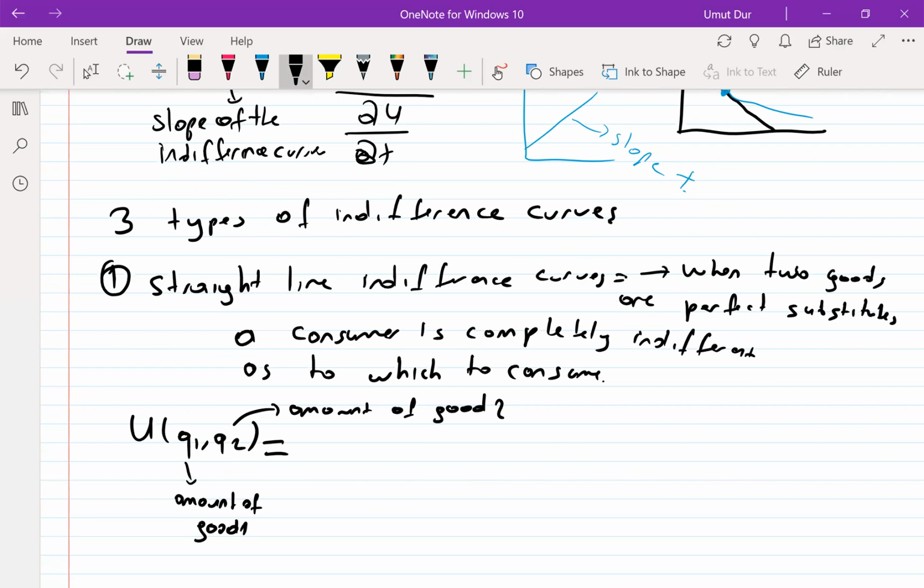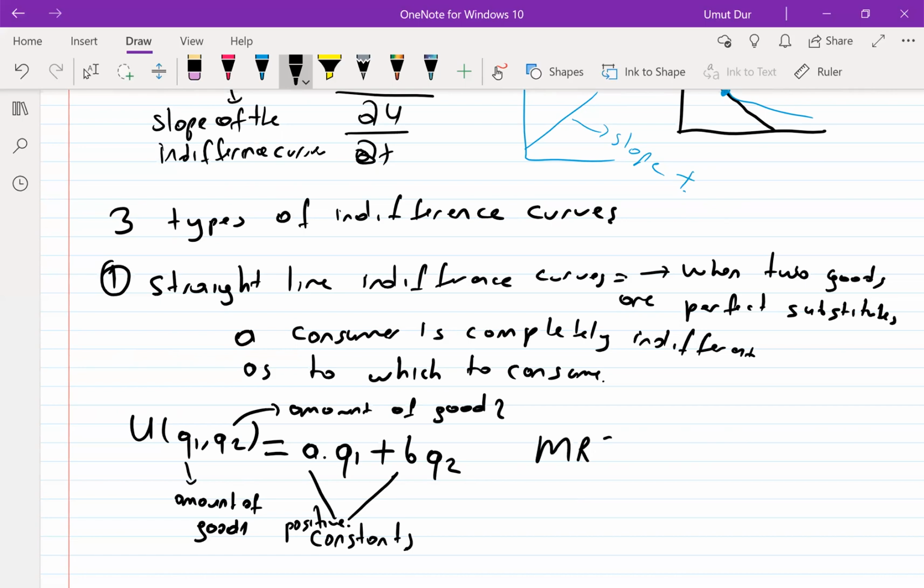Then the utility function that will represent those kinds of indifference curves is a times good one plus b times good two. Here a and b are constants. Of course, they are positive constants.